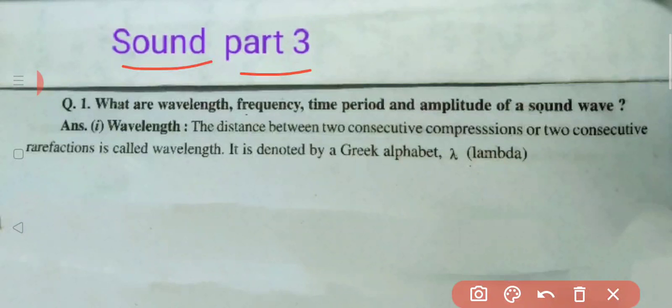Let's start. First, what are wavelength, frequency, time period and amplitude of a sound wave? The wavelength: the distance between two consecutive compressions or two consecutive rarefactions is called wavelength.